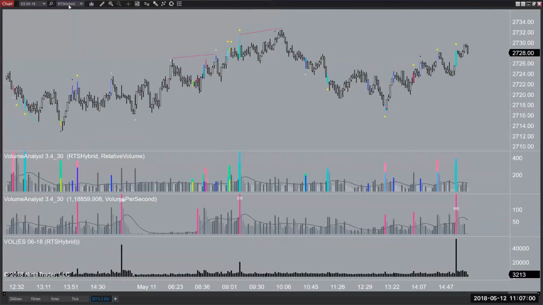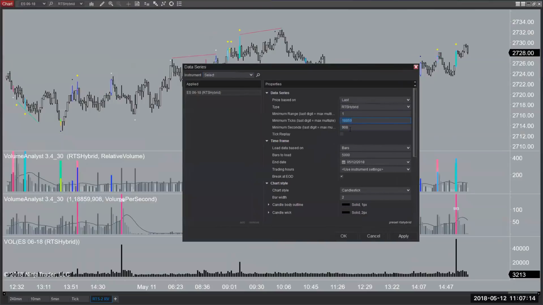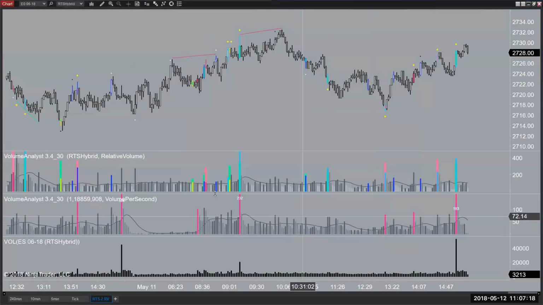It's built from 3 different inputs: range, ticks, and seconds. The way that I have it set up right now, it's kind of a hybrid between ticks and seconds. So in the overnight, it would function more like a tick chart, and then during the day session, it would start to plot more like a time-based chart.